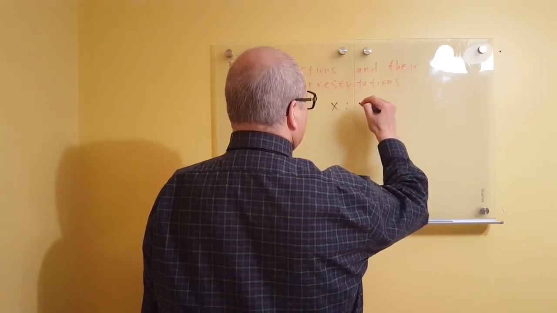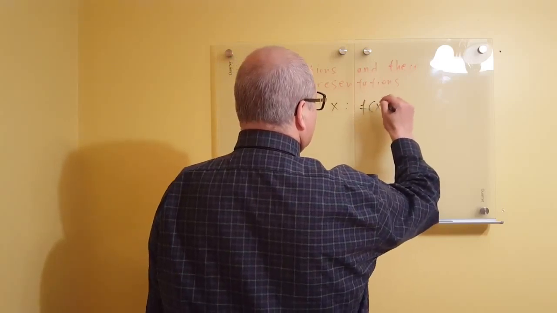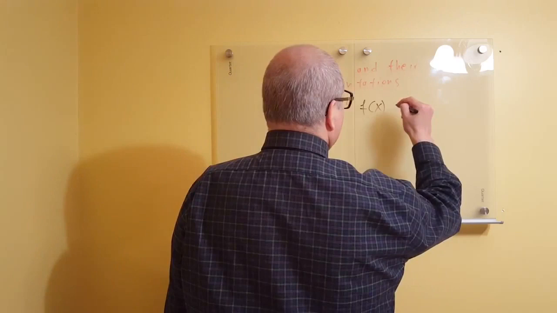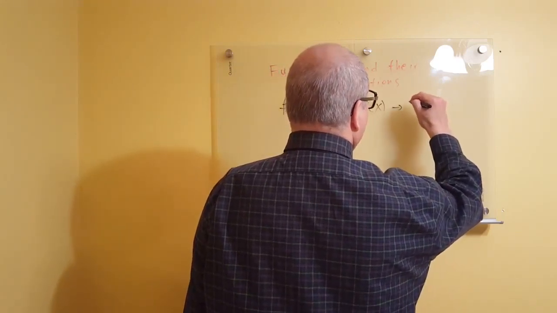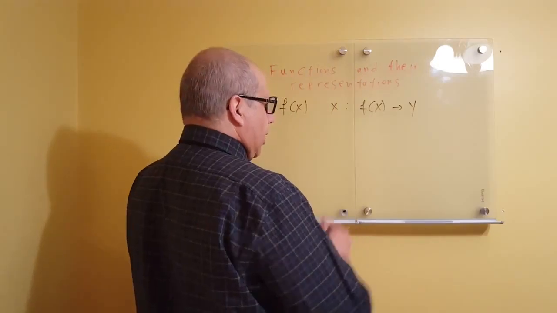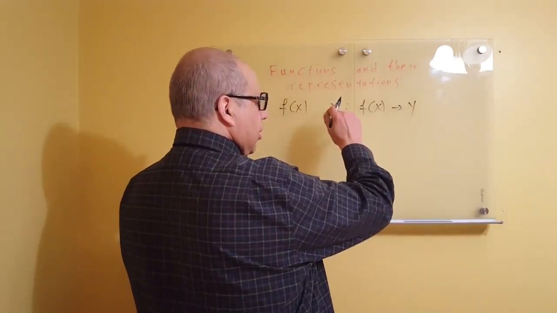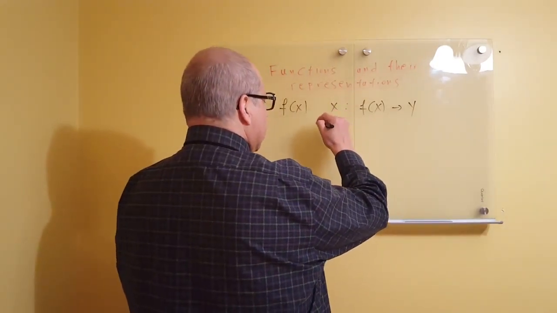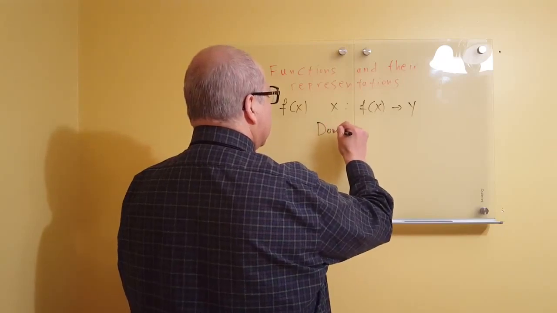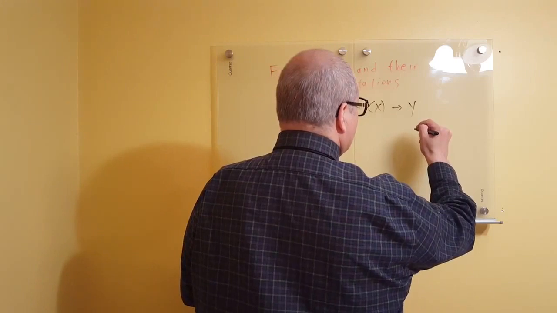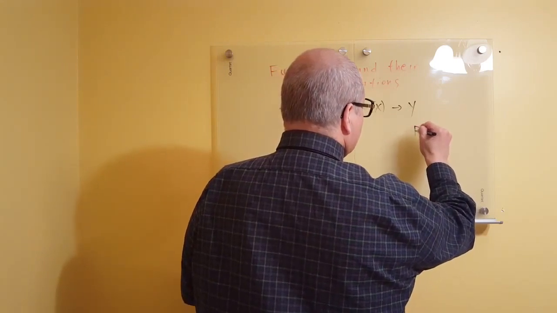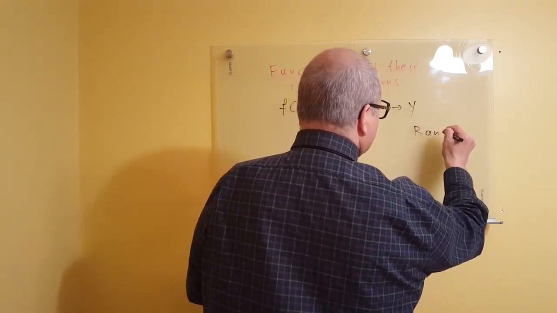So the point x through this rule gives you a point y. x belongs to a set which is called the domain of the function, and y belongs to a set which is called the range of the function.